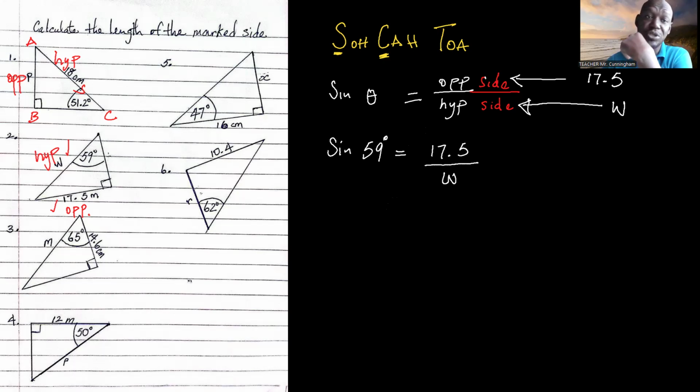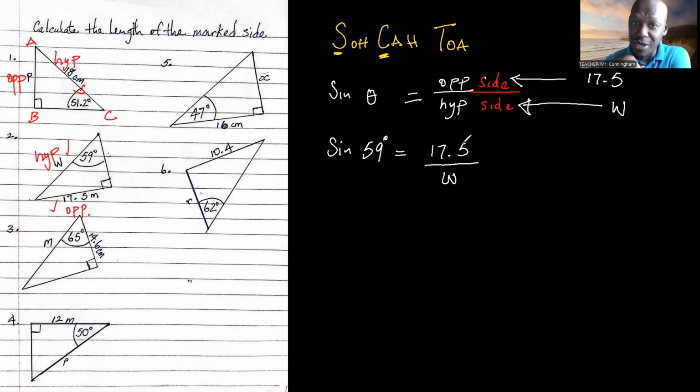Before I do that, what do I do? So you cross multiply. Before I cross multiply, what do I do? I have sine 59 is equal to 17.5 over W.